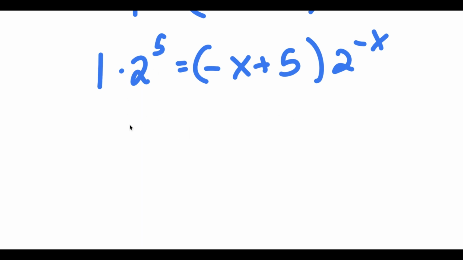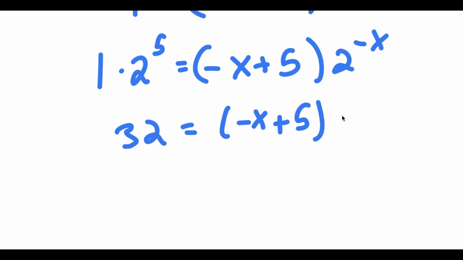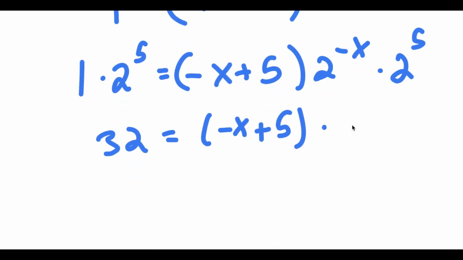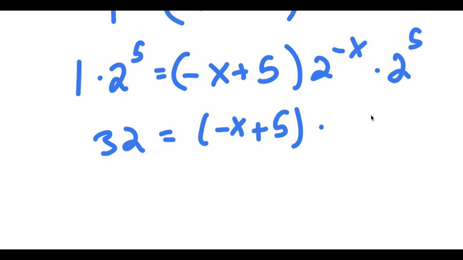And 2 to the power of 5 is 32, so I get 32 is equal to (negative x plus 5) times, sorry, I forgot to multiply this side by 2 to the power of 5, but 2 to the power of negative x times 2 to the power of 5 is 2 to the power of 5 minus x.